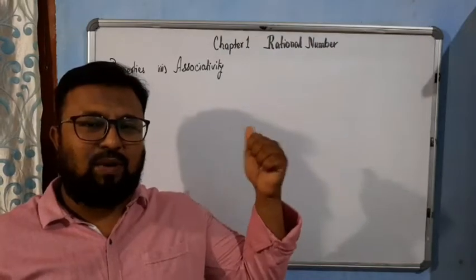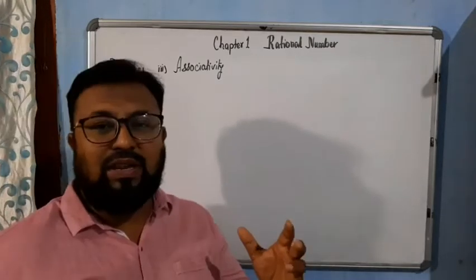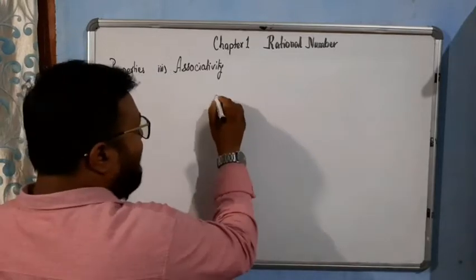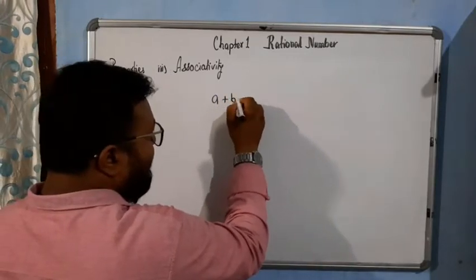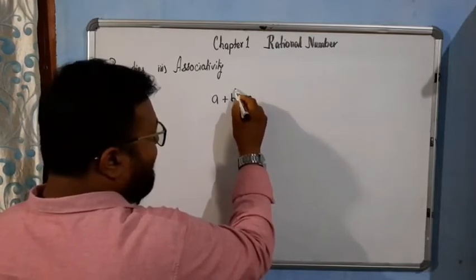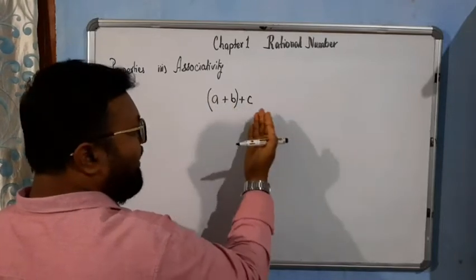Our next property is associativity. In associativity, generally we deal with three numbers. For example, suppose (a + b) + c. If we add first these two numbers a and b, then we add c.